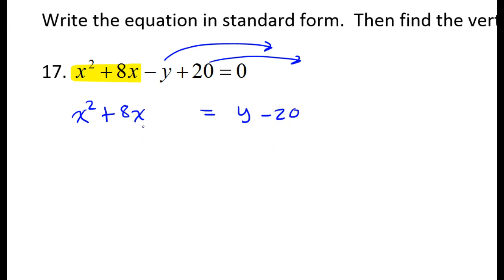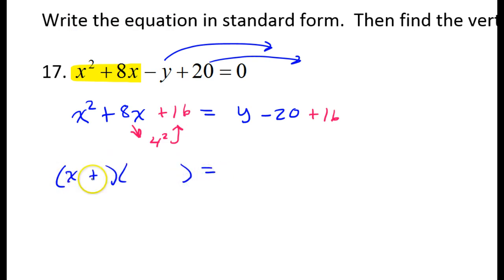So we need to complete the square. Half the middle squared. Half of this is 4. 4 squared is 16, so that's plus 16. We're going to need to add 16 to the other side to balance that out. Completing the square makes it so that if you factor, you will always get the same binomial twice.